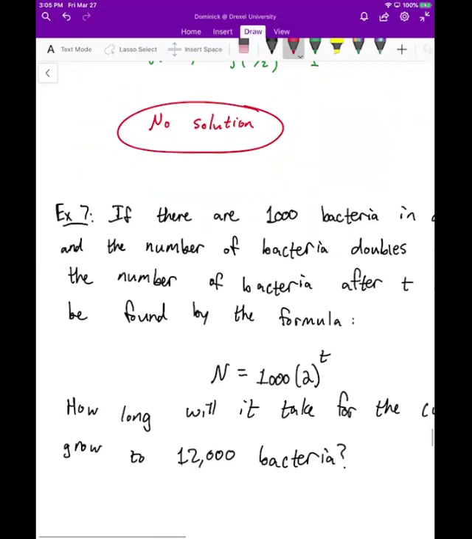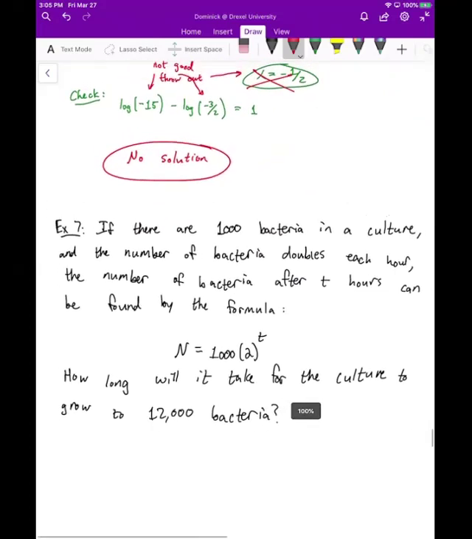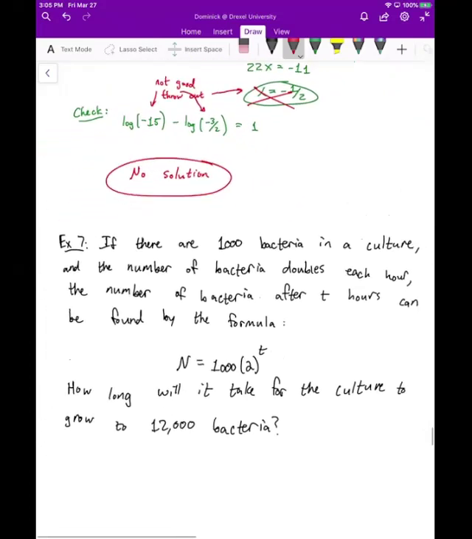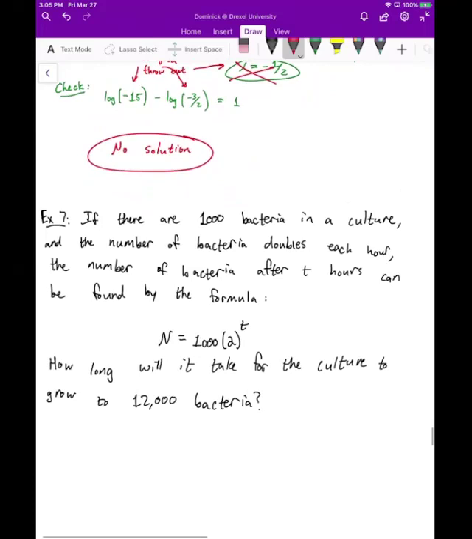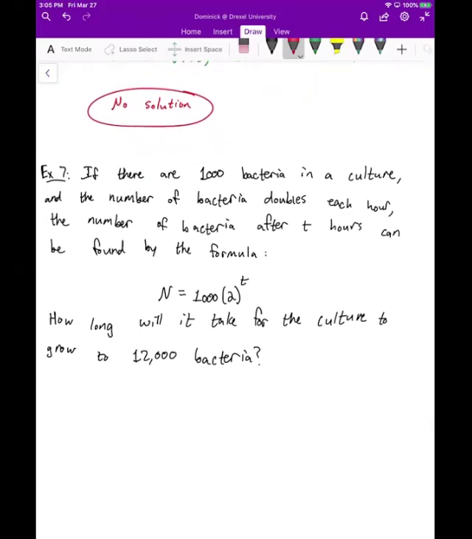Okay, one last example in this video. Here we'll do a word problem. So in this case, we have 1,000 bacteria in a culture, and the number of bacteria doubles each hour, and the number of bacteria after t hours can be found by this formula: n equals 1,000 times 2 to the t. Now, in this case, we want to know how long will it take for the culture to grow to 12,000 bacteria.